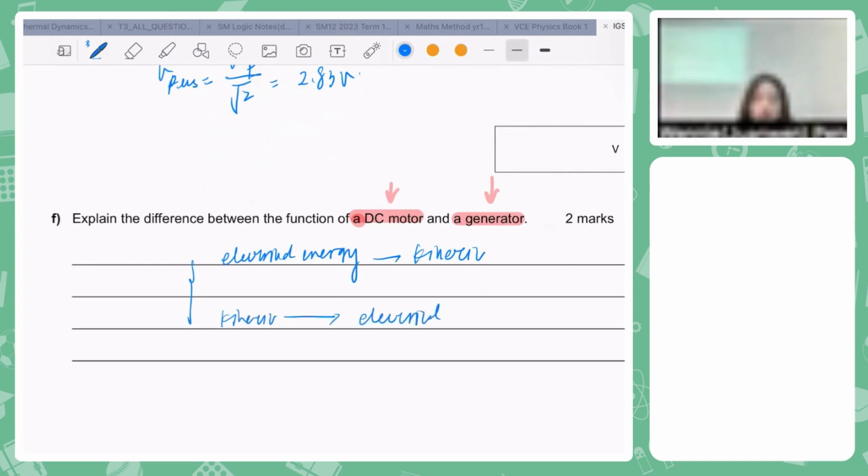And okay, we just leave it over there. So this is a general idea, but if the question also asks for the function, I'll tell you guys how to describe this. So just first get an idea of the basic difference between motor and generator in these scenarios, which is one is electrical energy to kinetic energy. The other one is kinetic energy going to electrical energy.